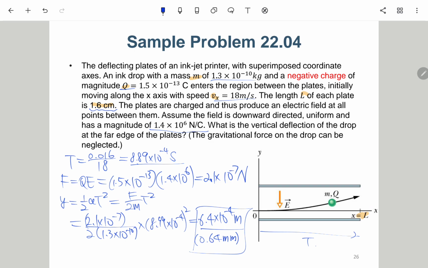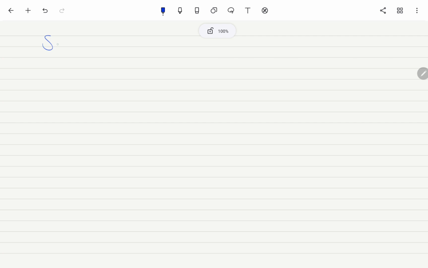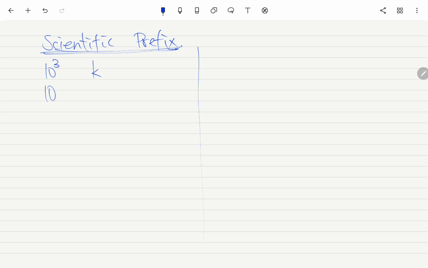So here I would like to supplement the so-called scientific prefixes. 那这个的话就是要背一下，就是这些不同的多少次方是多少。A positive exponent like 10 to the third power is small k, 10 to the sixth power is capital M, and 10 to the ninth power is capital G. 10 to the 12th power may not be useful in this course, but it is T. If you are familiar with computer hard disks, you know kilo, mega, giga, and tera.